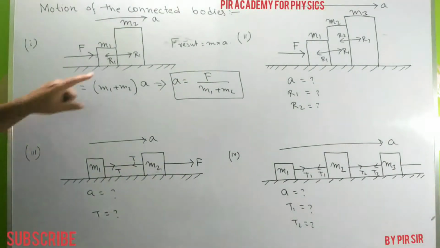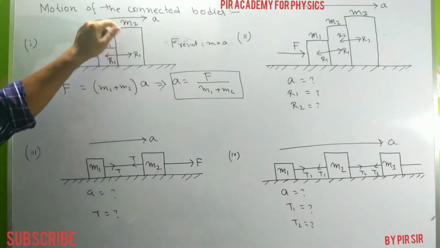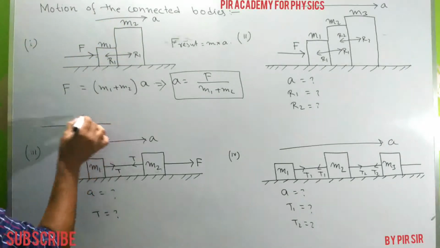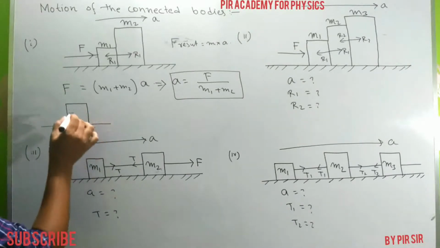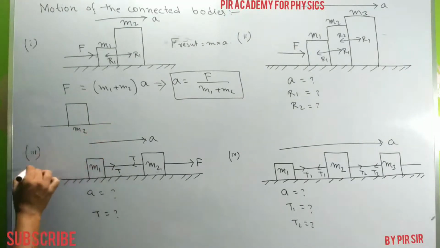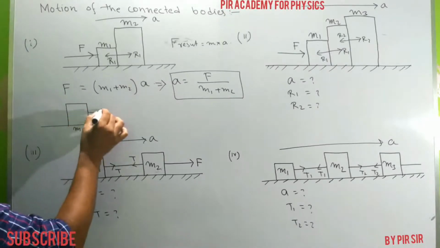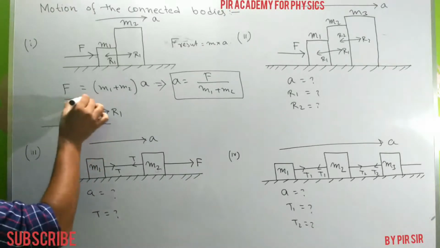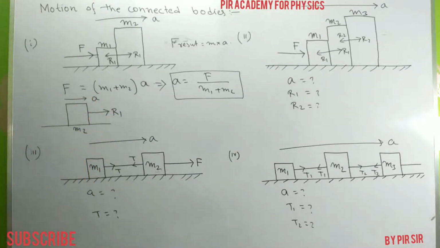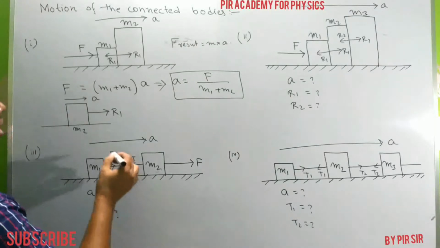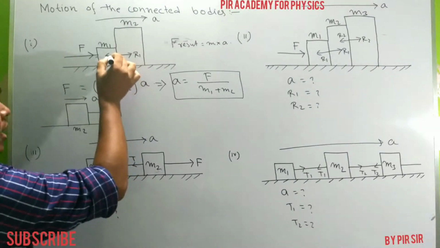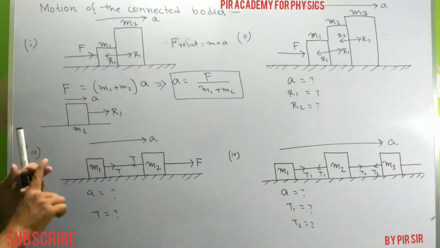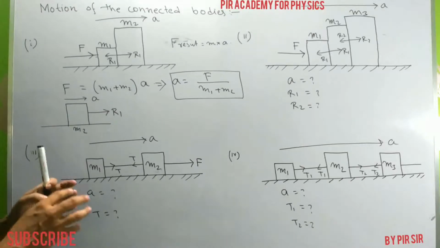Now we use the free body equation, and we calculate only for the mass M2. Here you consider the mass M2. The force on the mass M2 is R1, and the acceleration of the mass is A. This R1 force acted on M1, not on M2, because action and reaction forces do not act on one system.